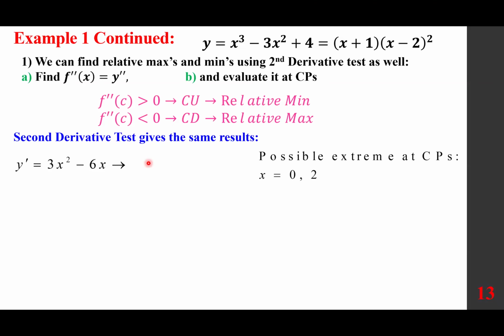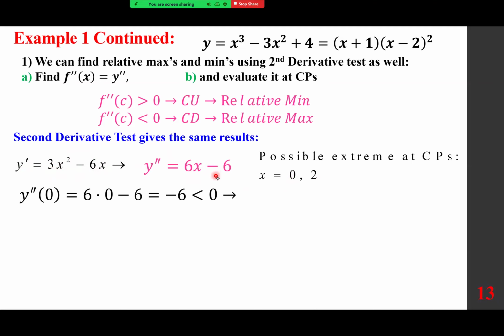So first and foremost, take the derivative again because we are going with the second derivative: 6x minus 6. Now you're going to evaluate this at 0 as well as 2. So if I plug in 0, I get negative 6. In other words, negative. So I'm here. When it's negative, it means concave down.